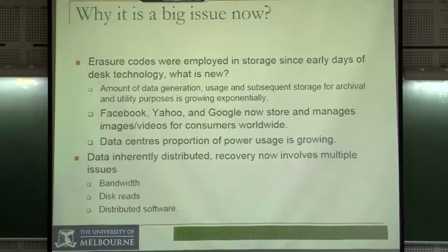It may be needed for some other application, and that computing might generate some more data. So you see, this way of data generation is growing, and that is the main problem faced by big companies like Facebook, Yahoo and Google, which now store lots of images and videos for consumers worldwide.